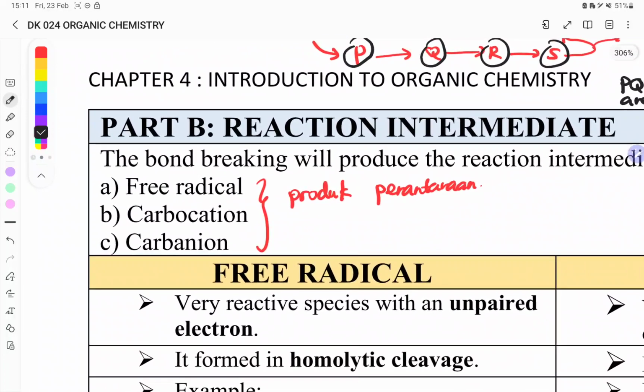Dan dalam organic chemistry dia ada 3 different products ataupun 3 different intermediates that we want to focus on. Dan dalam situasi ini semua merujuk kepada carbon compound. These are all referring to only for the organic compound.